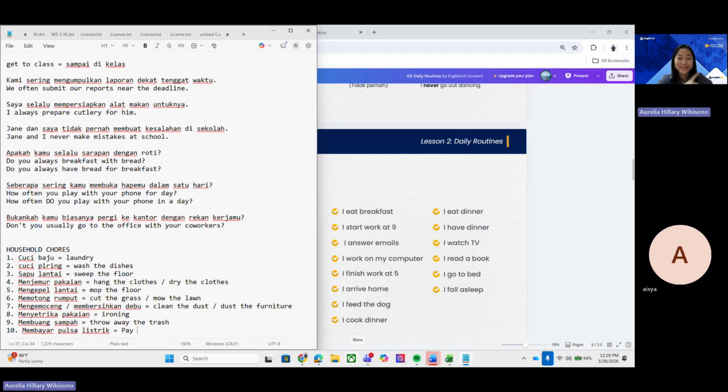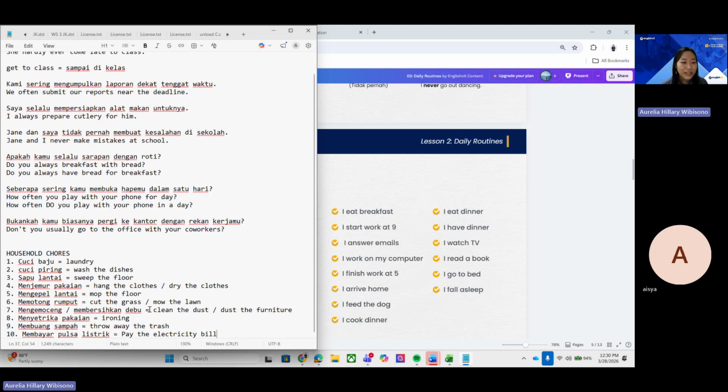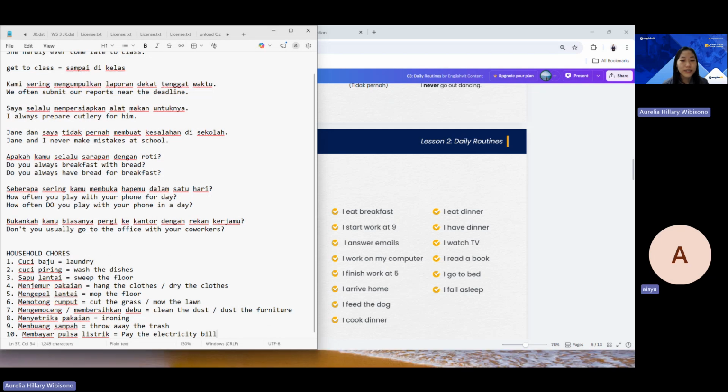Partially correct. So the correct one is pay the electricity bill. Tagihan listrik. They usually come as a bill, with payment after use. But in Indonesia, we usually buy it first before we use it, right? Okay, these are some household chores that you may need to know.